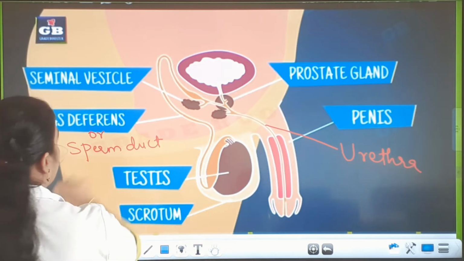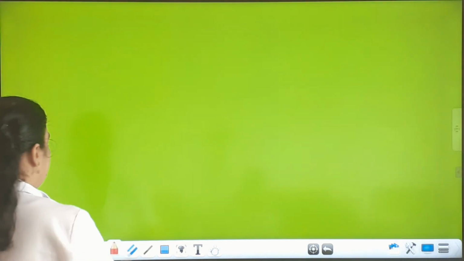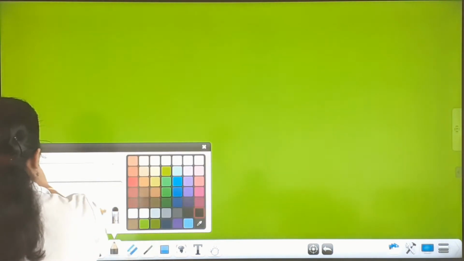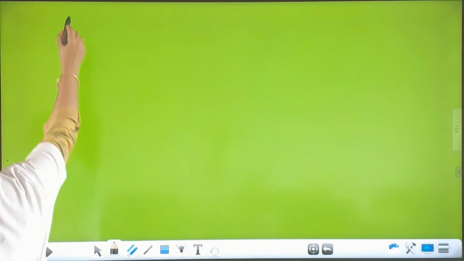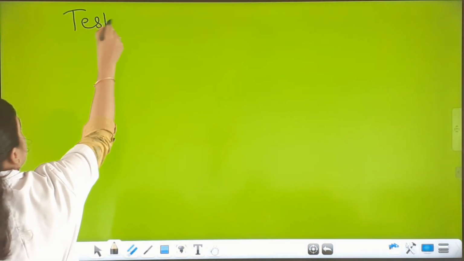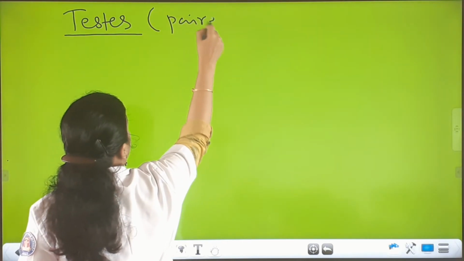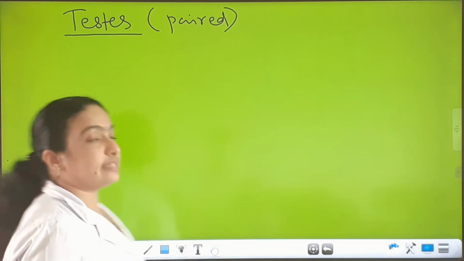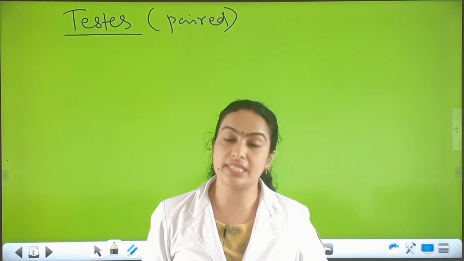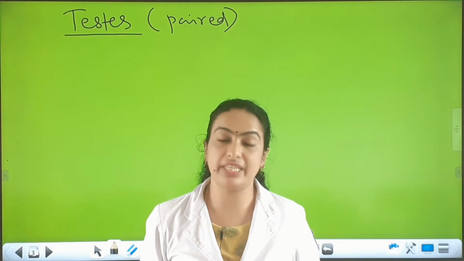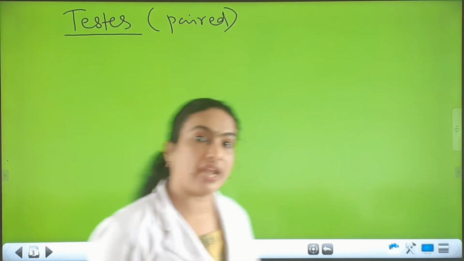Now we can see all these organs in detail. So first we can see testis. Testis is a paired structure, that is 2 in number. And testes are the primary sex organs in male, or we can say testes are the male gonads.